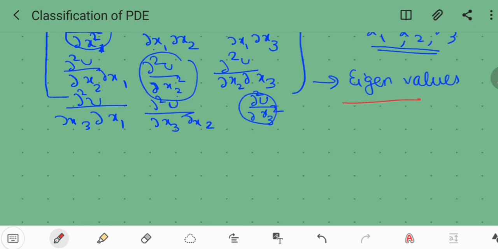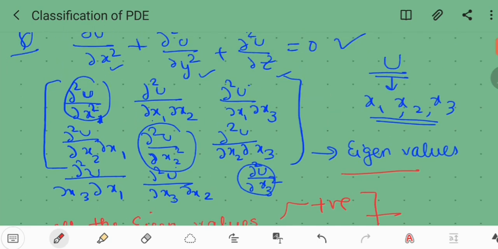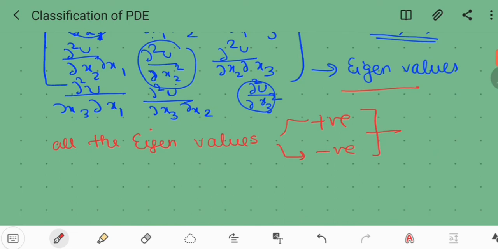Once you have found the eigenvalues, if all the eigenvalues are positive, or all the eigenvalues are negative, then you can say that the partial differential equation is elliptical in nature.